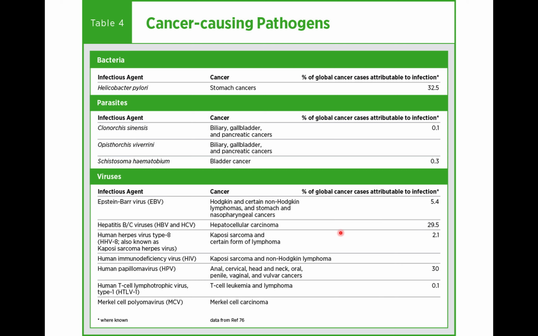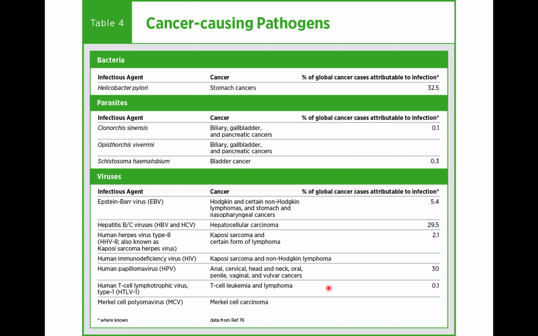And then in terms of the viruses that we discussed, really the biggest threats are the Hep B and C and liver cells, causing hepatocellular carcinoma, liver cancer, and HPV, as we discussed, linked to not only cervical cancer, but also head and neck, some oral cancers in men, and nasty things like anal and penile vaginal cancers.